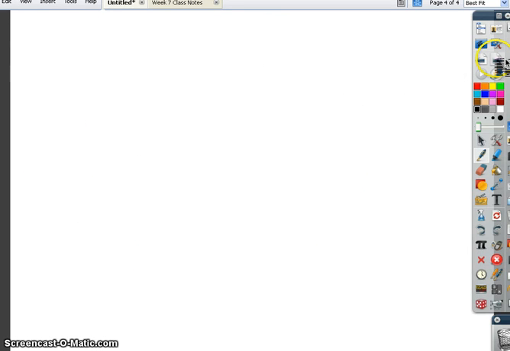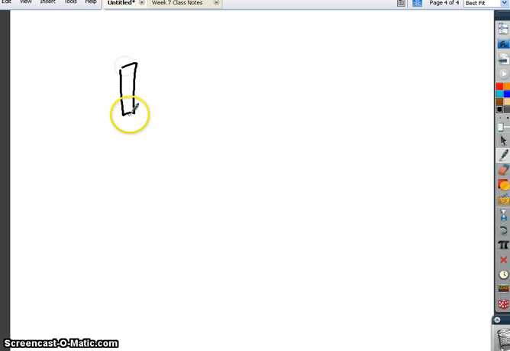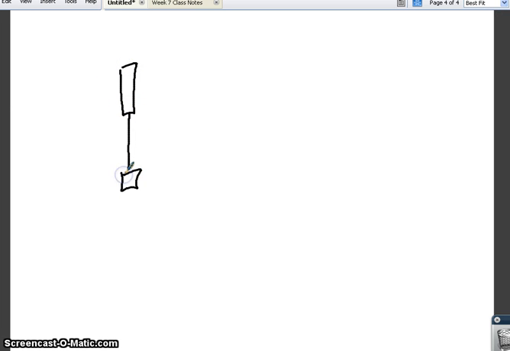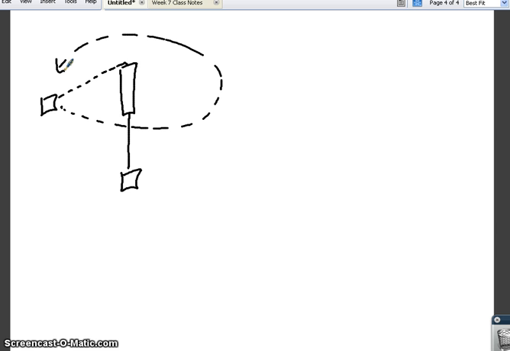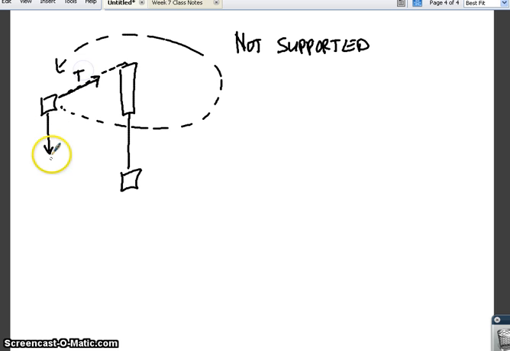I am going to point out another example. It is a very similar example with a hanging weight, but this time we are twirling this object around in a circle, and it is not supported. This is also hanging, so gravity is acting upon it. Tension is acting that way, and gravity is pulling it down.